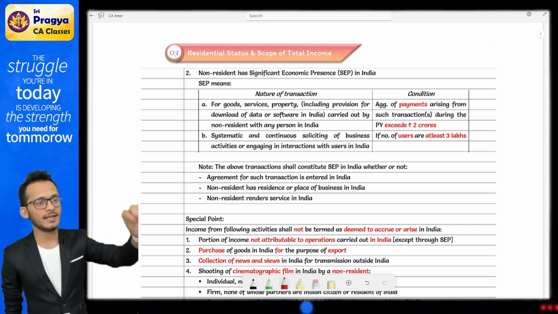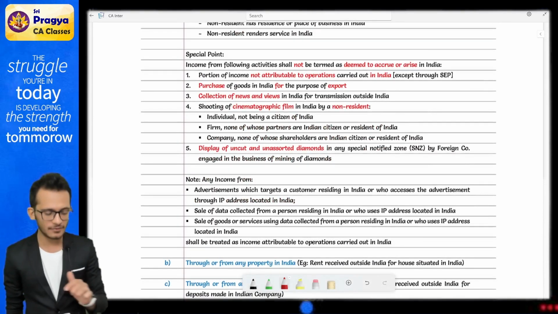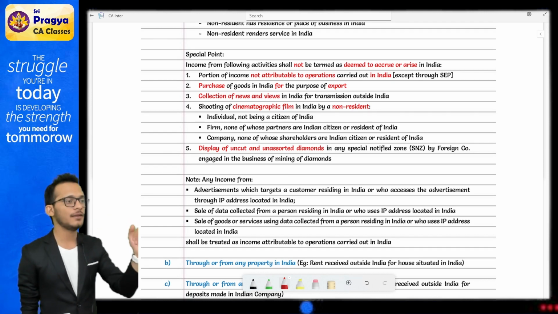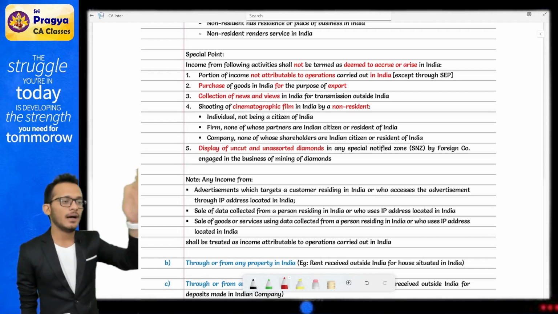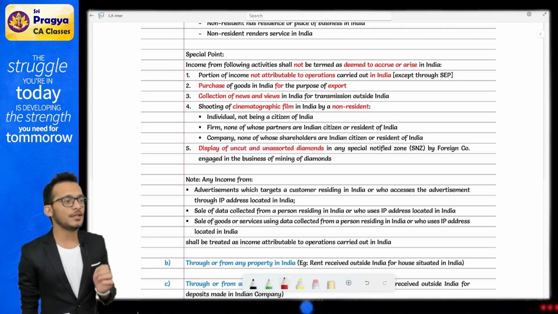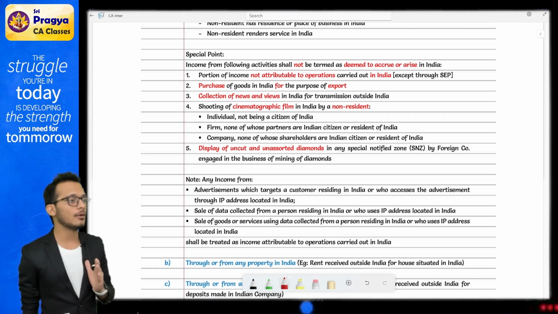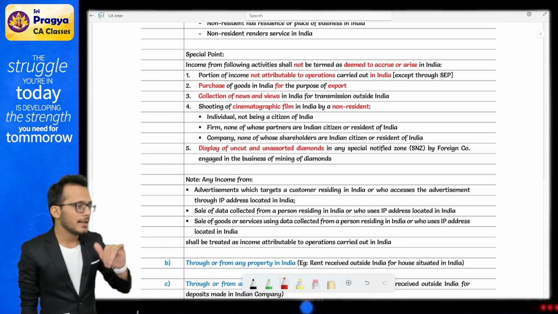But they have given you 5 exceptions. If you are into any of these 5 exceptions, nothing is taxable for you in India. One is if your operations are outside India. Second, if you have any kind of news and views from India transmitted outside India. Then, you are purchasing any kind of goods from India for export outside India. Next, any kind of cinema shooting happening by a non-resident in India.